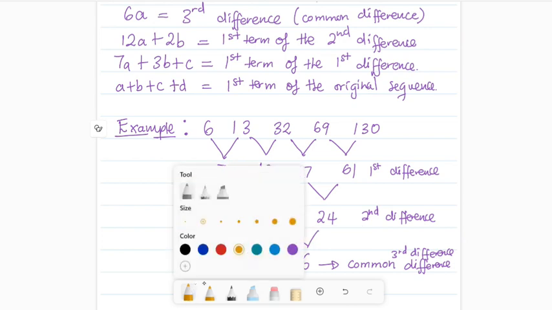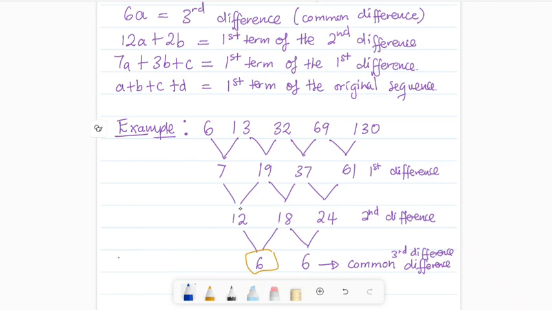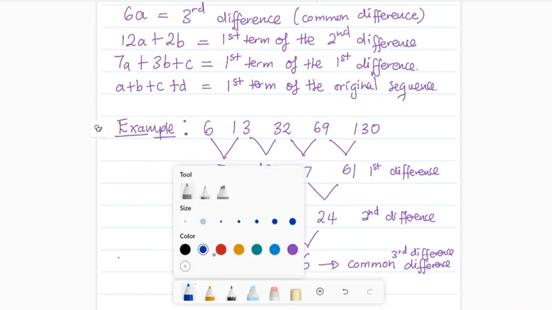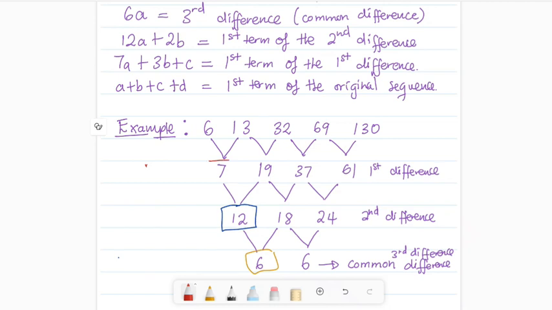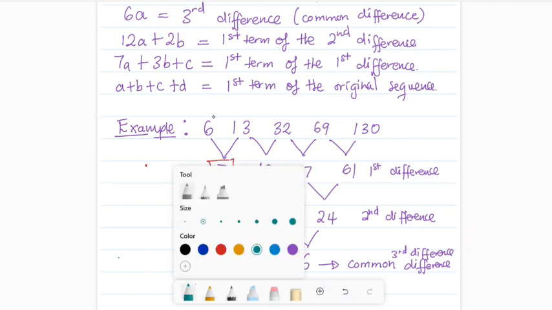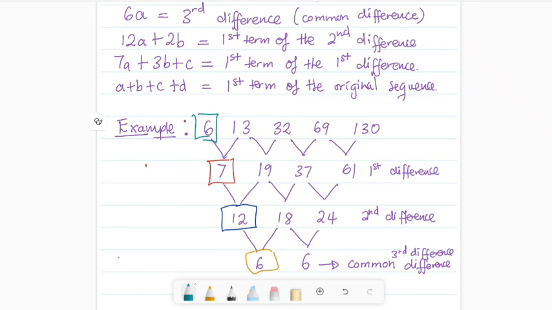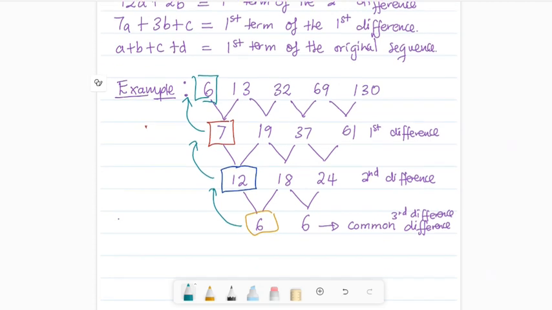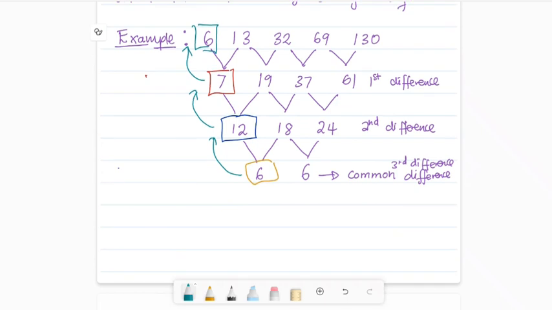And then for the second one, we are going to take this value here. The third one, we're going to take this value. And for the fourth equation, we're going to use this value.